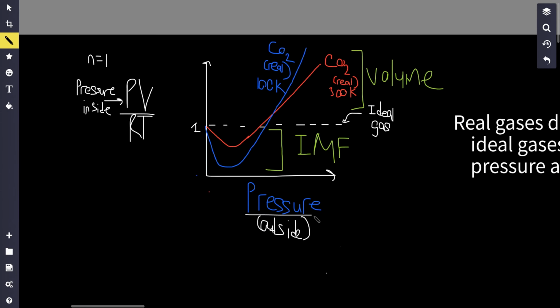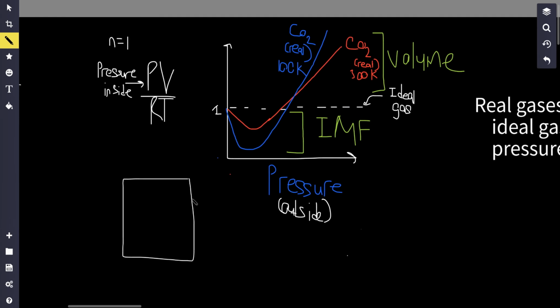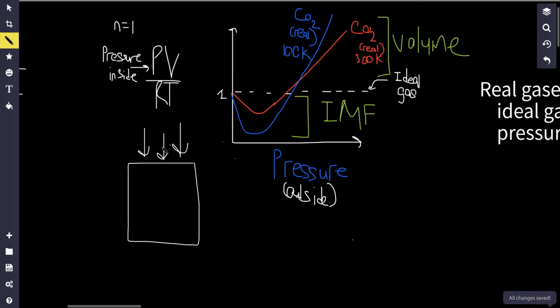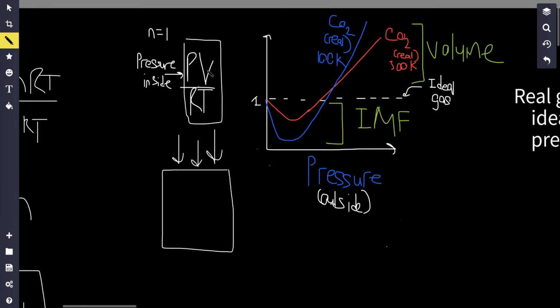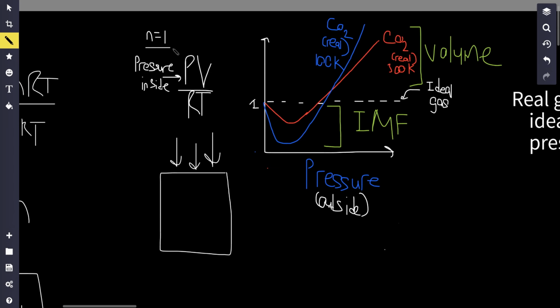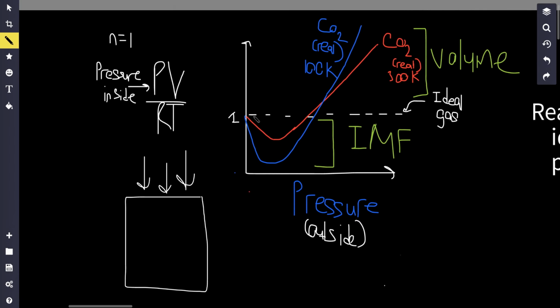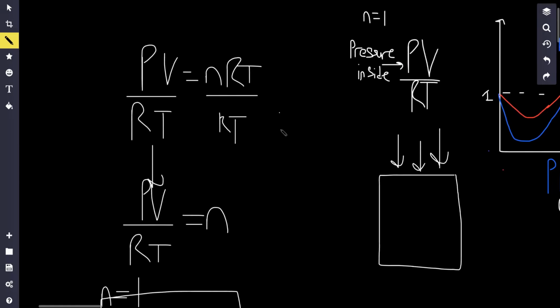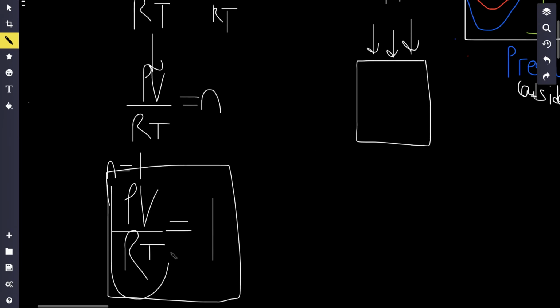So on the x-axis, we have basically the external pressure. And then on our y-axis, we have this PV over RT ratio, assuming that n is equal to 1, the amount of moles we have is equal to 1. Now, ideally, you would expect the PV over RT ratio to be equal to 1 if it was an ideal gas, because for this formula, notice how we converted it so that when n is equal to 1, our ratio is equal to 1.